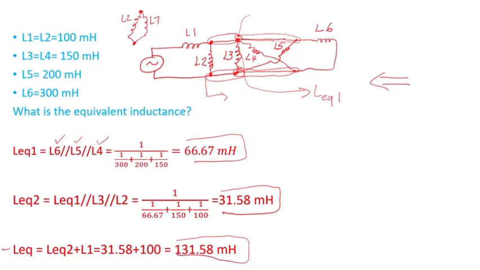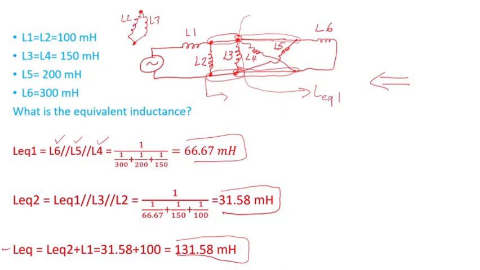So again, the technique is you start from the left and you try to identify, for instance, you choose one inductance and you say, okay, is it in series or in parallel with the next inductance? The way you know if they're in series, obviously, you can look at it one way.